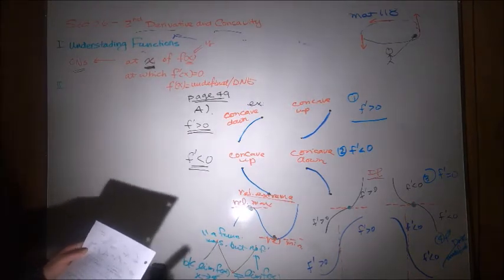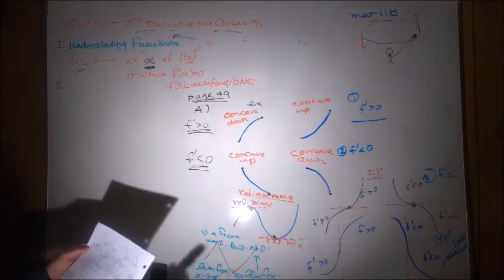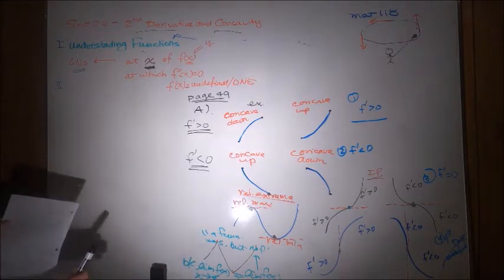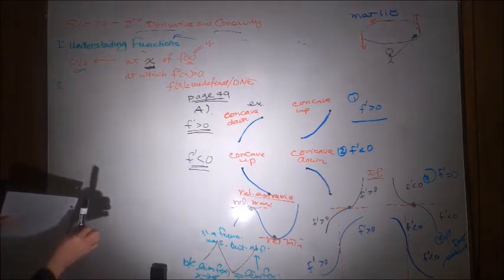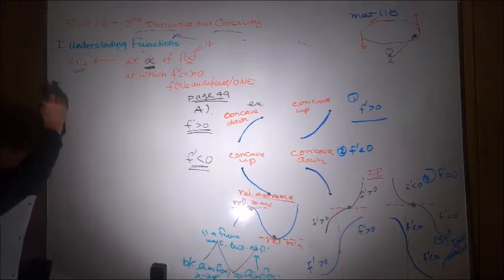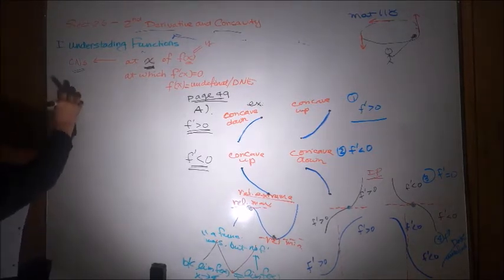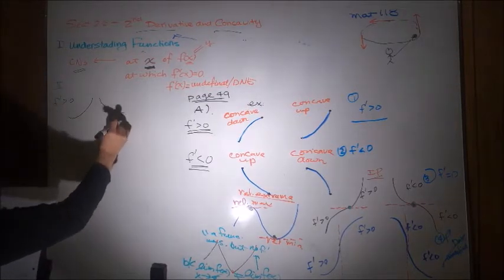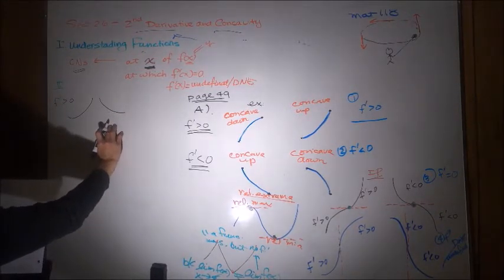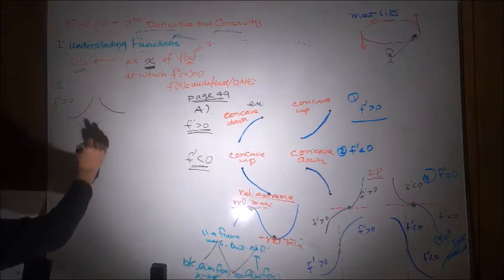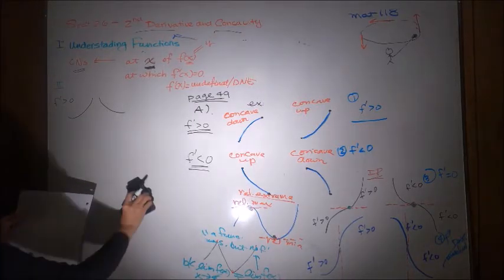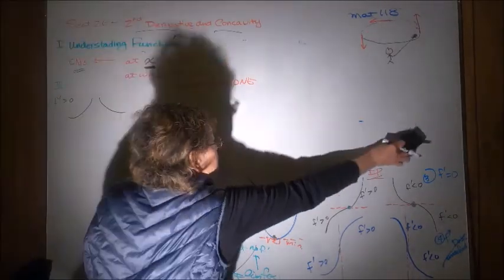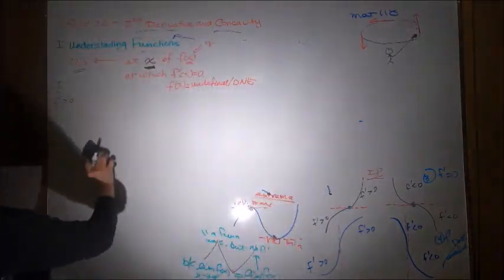okay? So, there is another thing we want to talk about. Let me just write it here. F prime bigger than 0, so you have concave up, going up, right? Concave down, right? Let me summarize here.